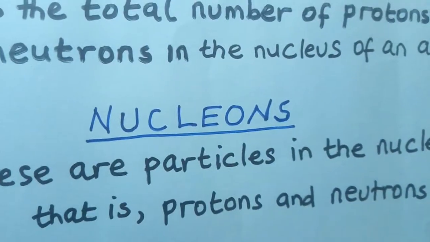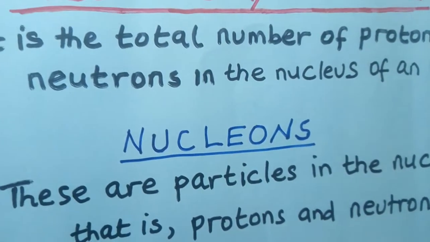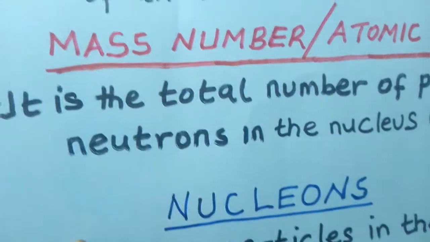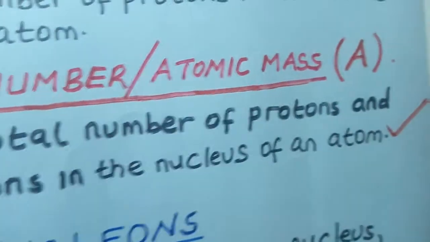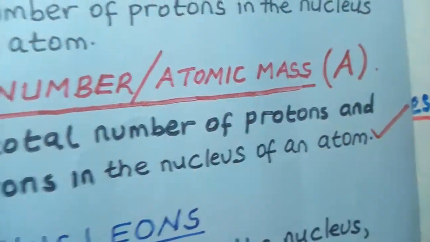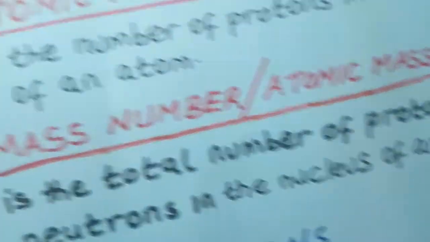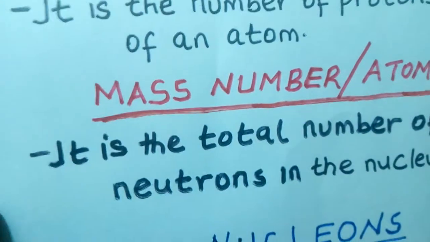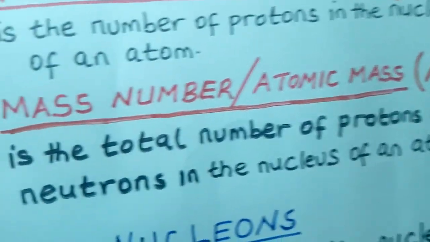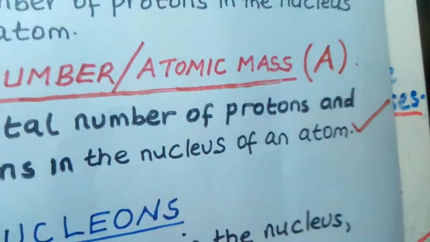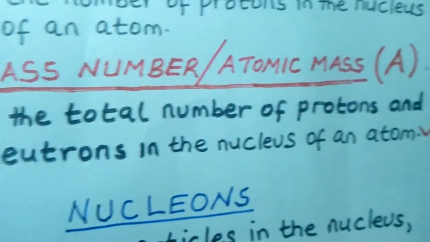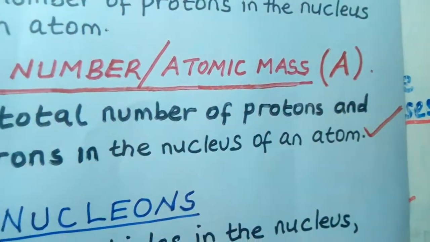What about if somebody says nucleon number? So nucleon number is the same as saying mass number, and is the same as saying atomic mass. So what do you mean by mass number or atomic mass? It is the total number of protons and neutrons in the nucleus of an atom.